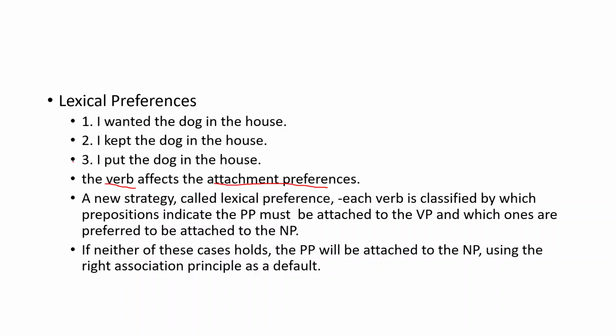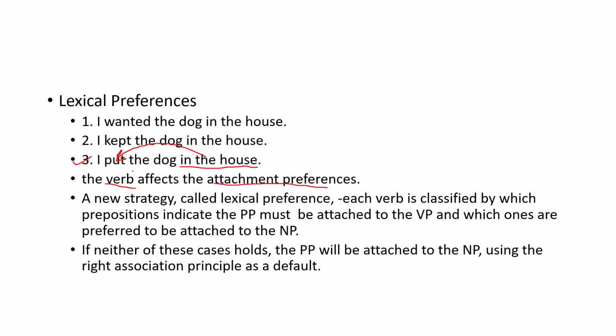But if you look at, let us say, this sentence 3, I put the dog in the house. In the house is the prepositional phrase. It always attaches to put only, right? You can only put the dog somewhere. So this in the house can attach to this.